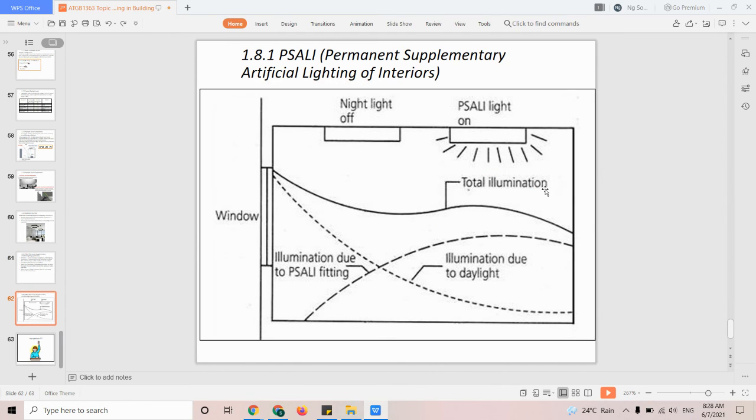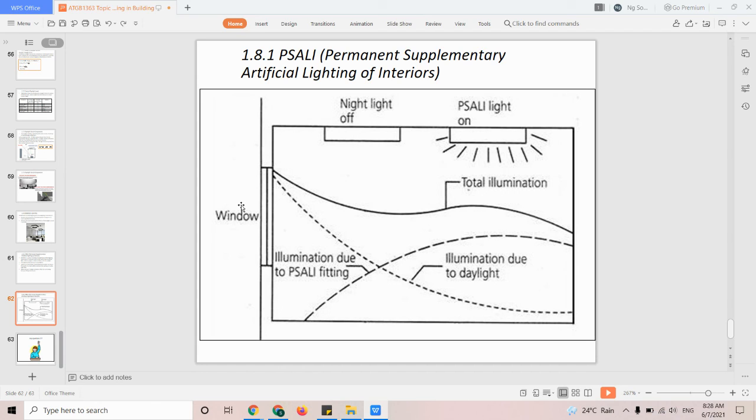Depending on how big a room is, we can make use of this system. If a room is very big, where the natural light component is unable to reach deep enough into the building, then we will need to supplement it with artificial lighting. We can call this a PASLI light system.